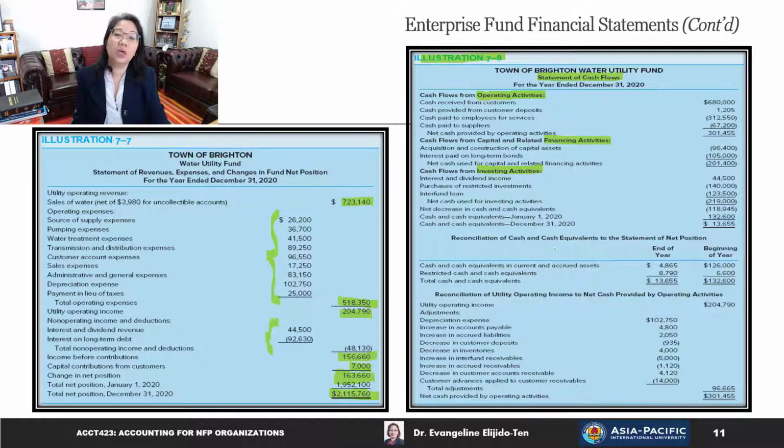So as you can see, the preparation of the statement of cash flows on enterprise funds is very similar to profit-oriented businesses. It's also a common practice to prepare the reconciliation of cash and cash equivalents to the statement of net position, and a reconciliation of utility operating income to net cash provided by operating activities. And that is pretty much it for topic 4 lecture.